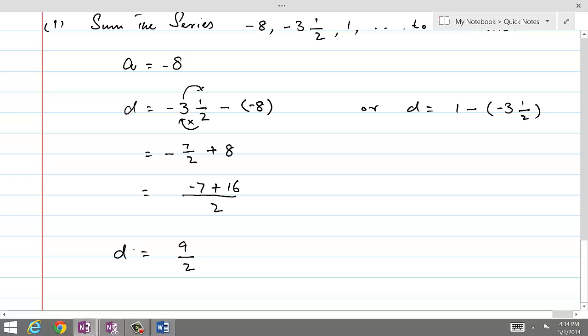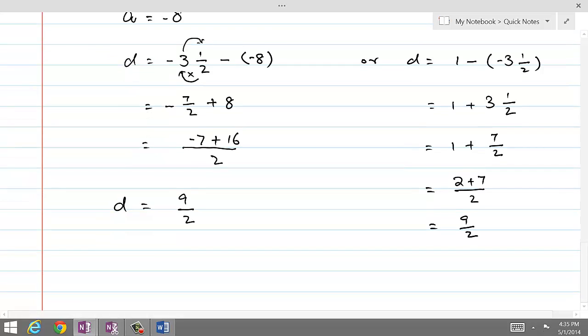If we have used the other one, this will be 1 plus 3 whole 1/2, because negative times negative is plus, and 1 plus 7/2 is equal to 2 plus 7/2, which is again 9/2. So there is no difference. Whichever way you calculate d, it will be the same.